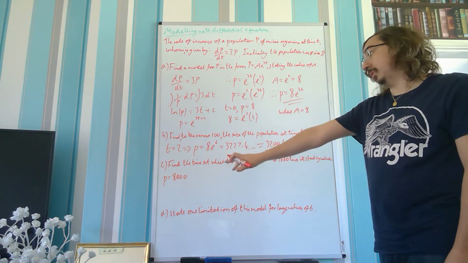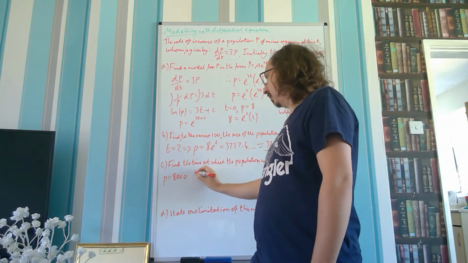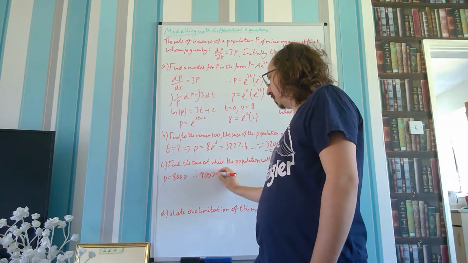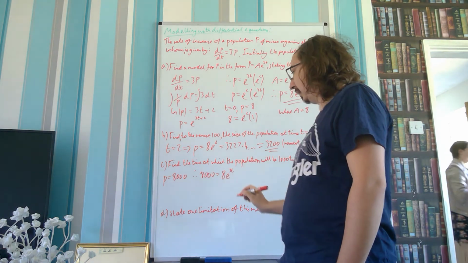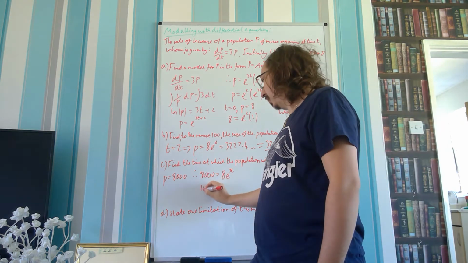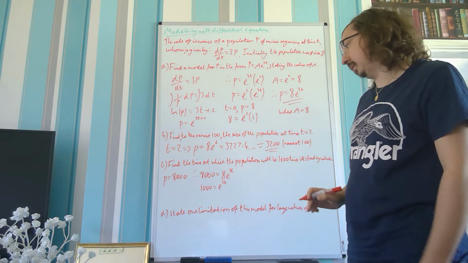So we're going to equate this to our model. 8,000 = 8e^(3t). So 1000 = e^(3t).